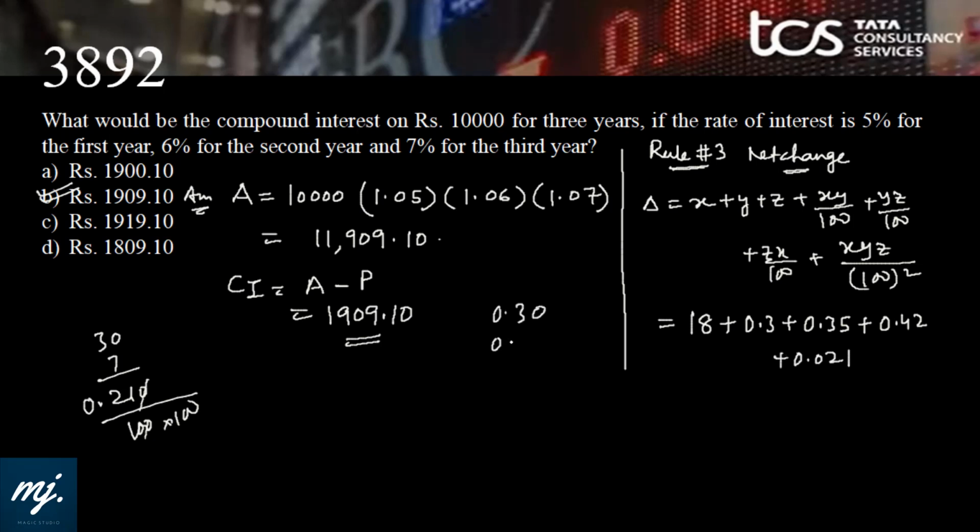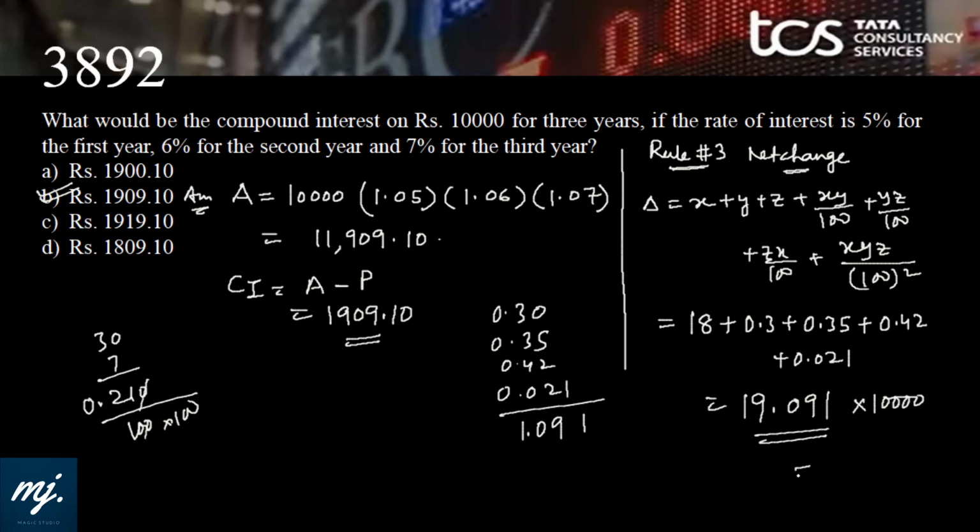So we have 18, 0.30, 0.35, 0.42 and 0.021. That will give 19.091. Bingo. Straight away we get the answer 1909.10. Now this multiplied with principal 10,000 will give 1909.10. Straight away we can get the compound interest value using rule 3.